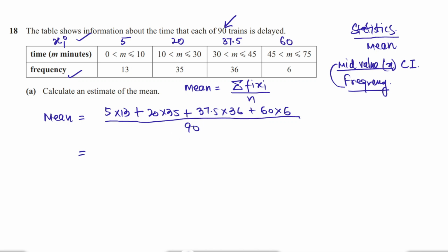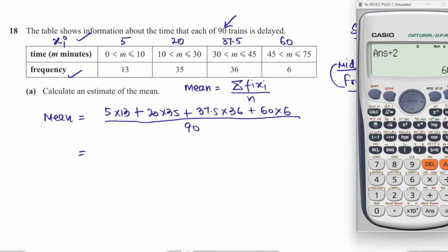Let us bring our calculator and calculate these answers. So what we are having, 5 times 13. You need to check again whether you are substituting the correct values or not. That is a very common mistake I just told you. 37.5 multiplied by 36 plus 60 times 6.